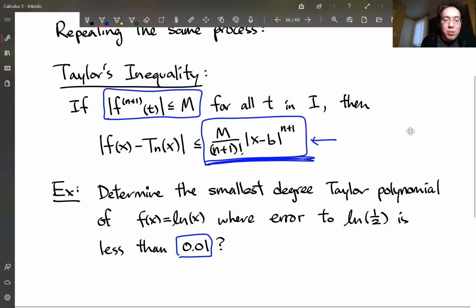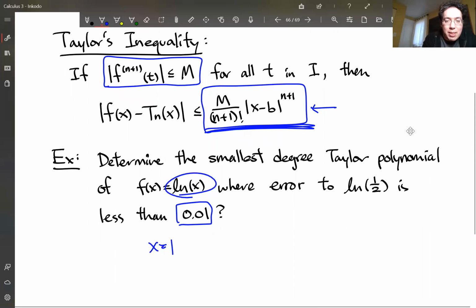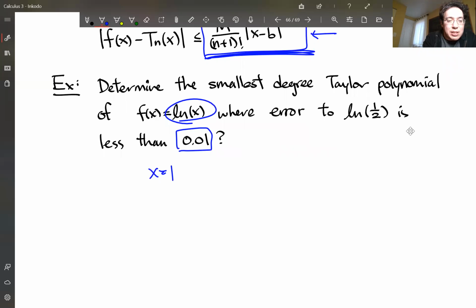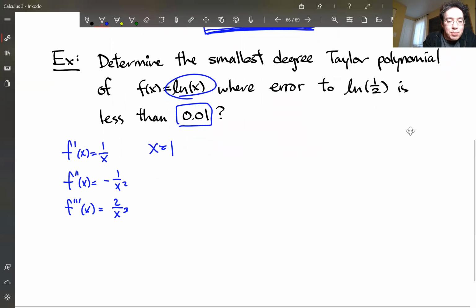Okay, so this function, natural log of x, we're going to do the approximation at x equals 1. So let's see if we can get the pattern here. The first derivative is 1 over x. The second derivative is negative 1 over x squared. The third derivative is 2 over x cubed.